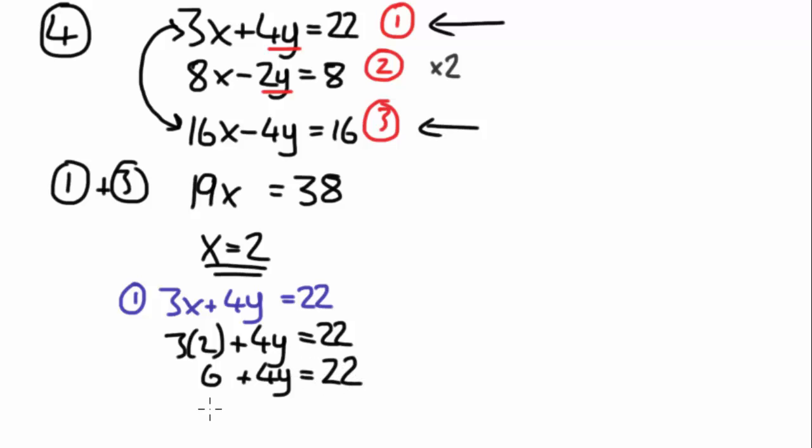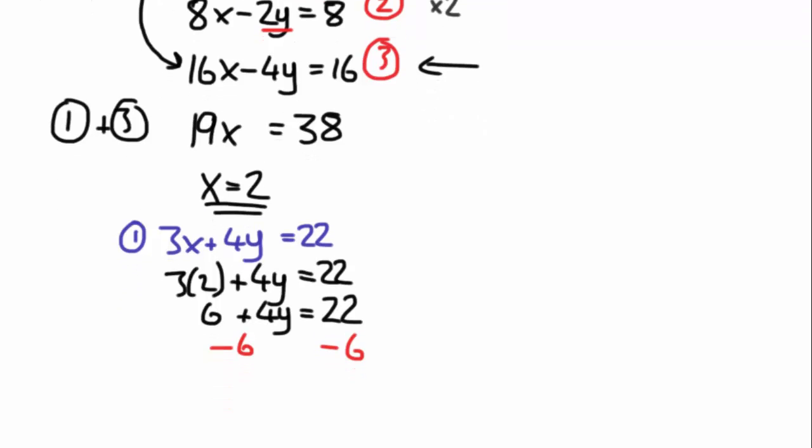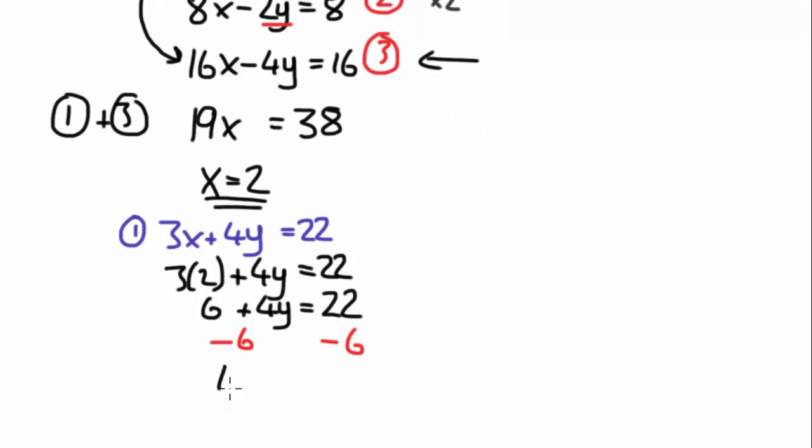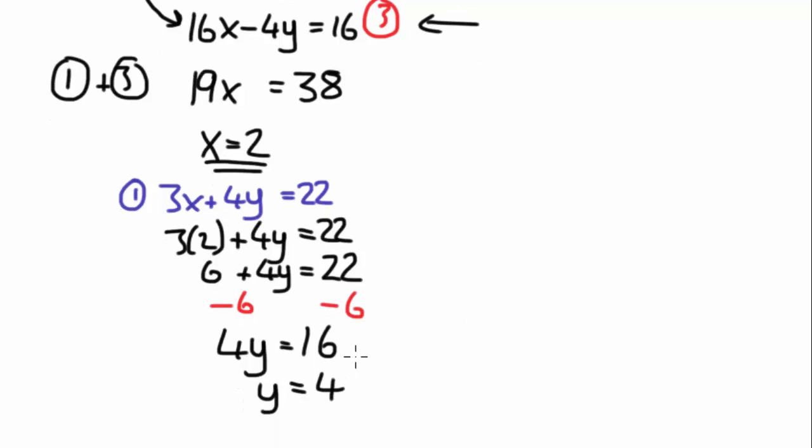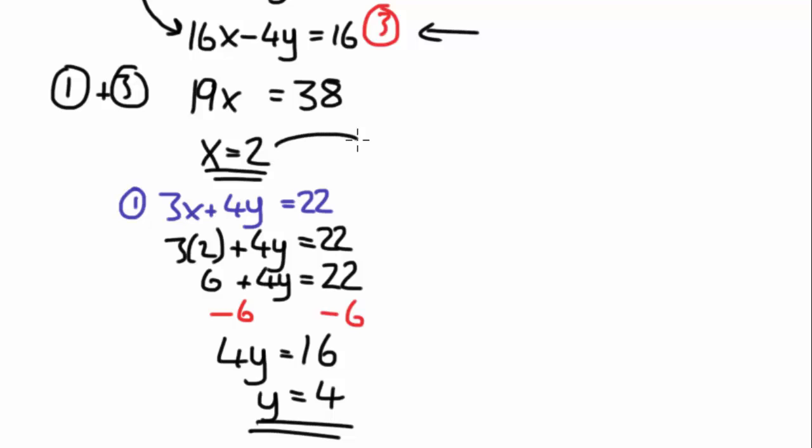I'm going to subtract 6 from that side, subtract 6 from that side. So we get 4y equals 16, so y equals 4. That's what y is. So once you work out what x is, you take that value and substitute it back into one of the equations, and then you can work out what y is.